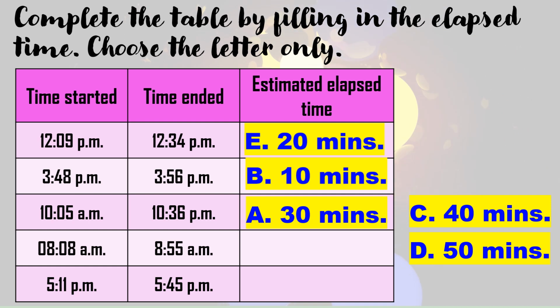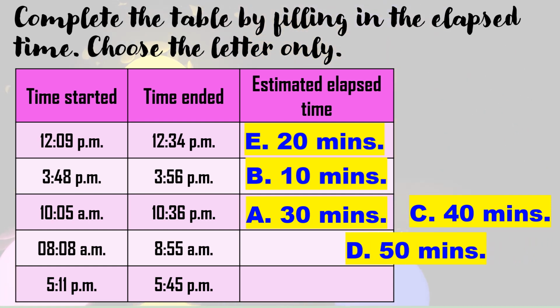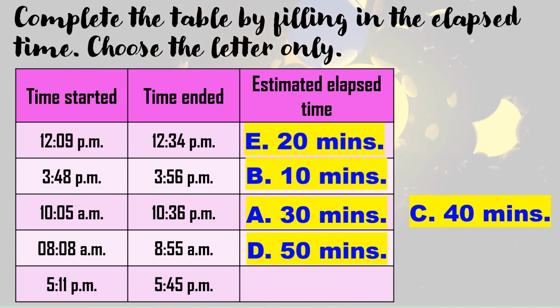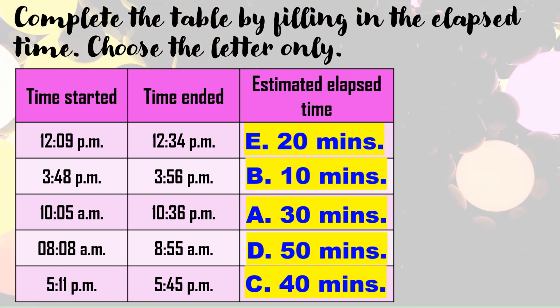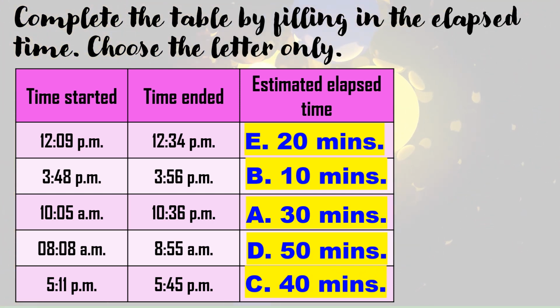How much? Okay, very good, 50 minutes. So the answer is letter D. And the last one, from 5:10 subtracted by 5:50, is 40 minutes. Very good, class.